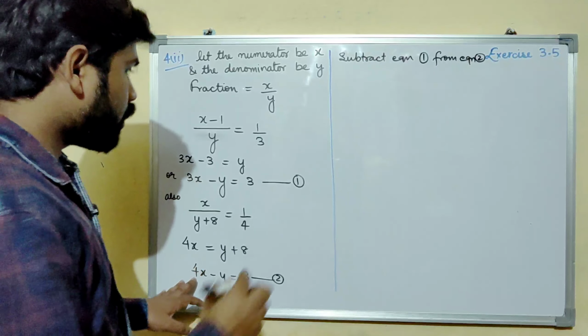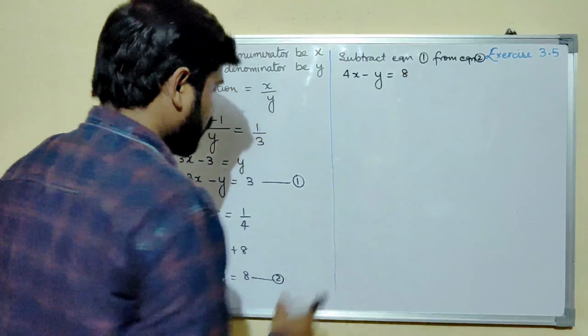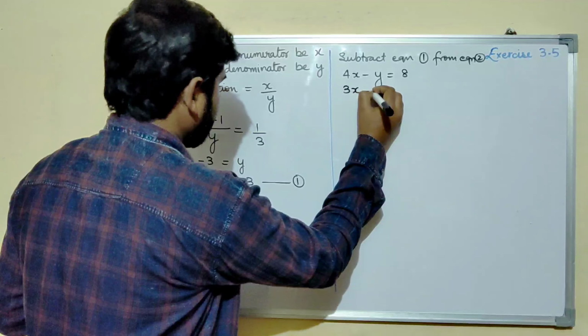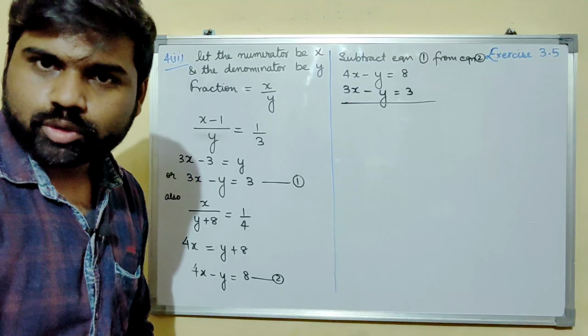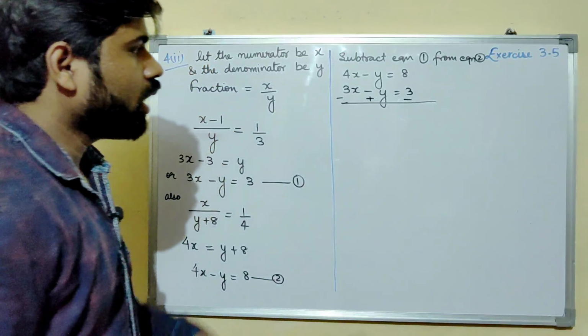The second equation is 4x minus y equals 8, and the first equation is 3x minus y equals 3. Since you are subtracting, you have to change the signs.